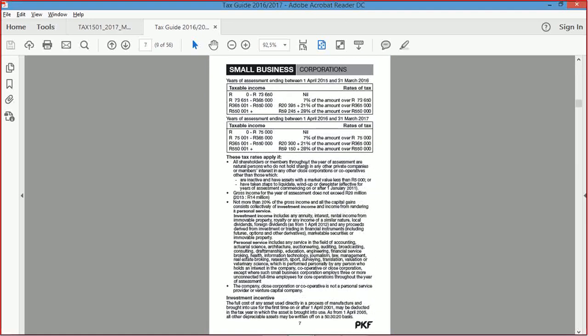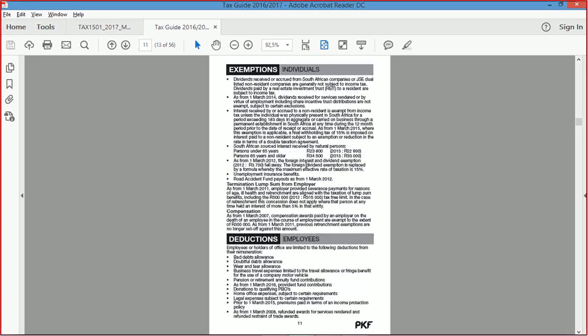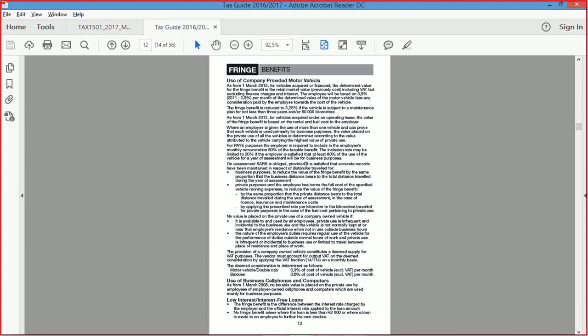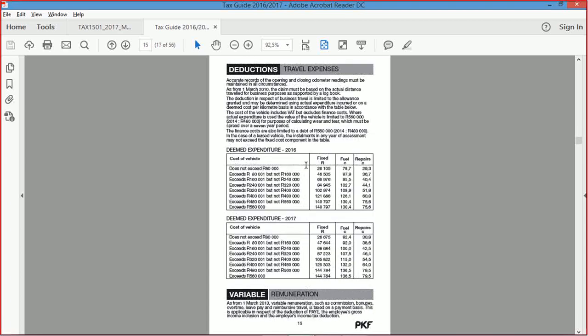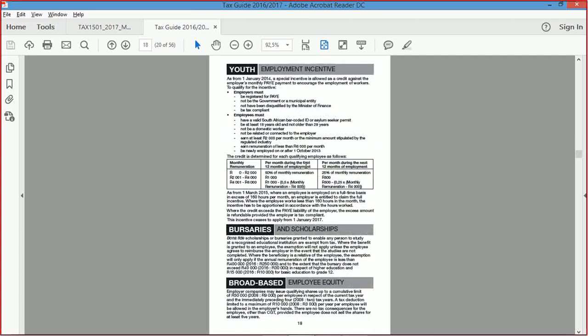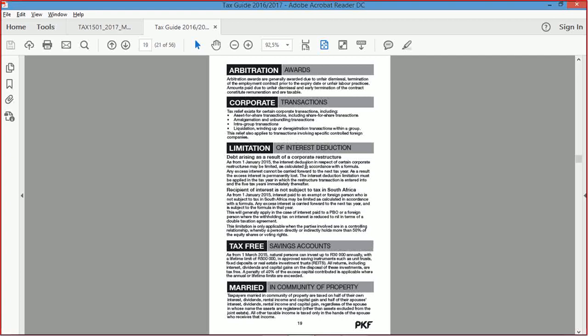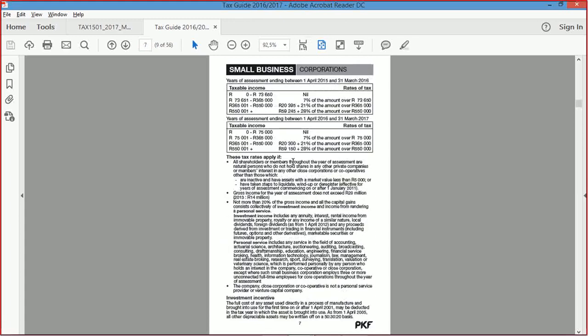Where's the donations? Small business, provisional tax, medical, deductions, fringe benefits. Where's the donations? Deductions. Yeah, I'm looking for donations though specifically. It should be here somewhere. Did I miss it?